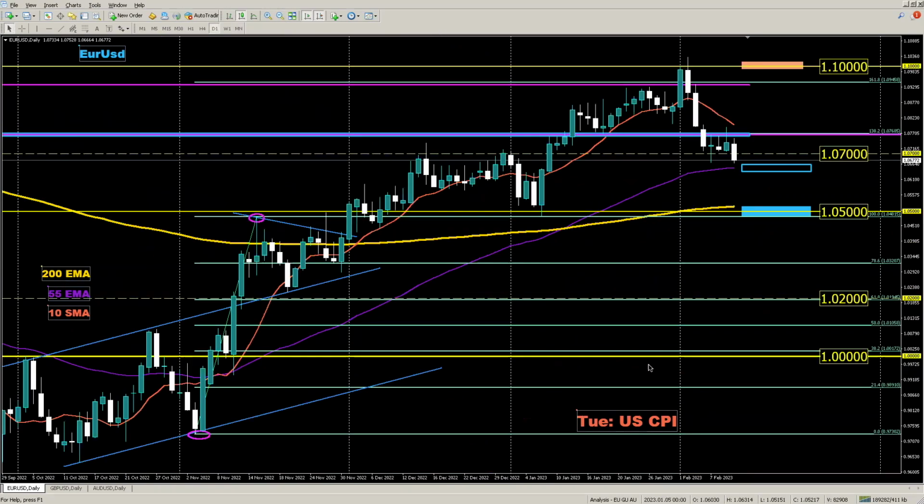And this week there is no major news from the Eurozone, but the US has their CPI reading for the last month, so that's a key one that will impact the US dollar and will definitely also impact the major pairs as well.